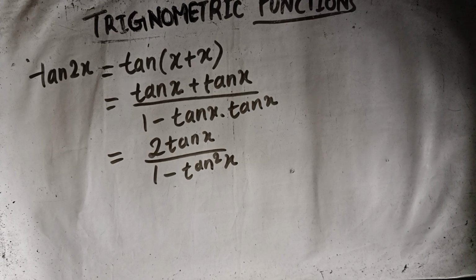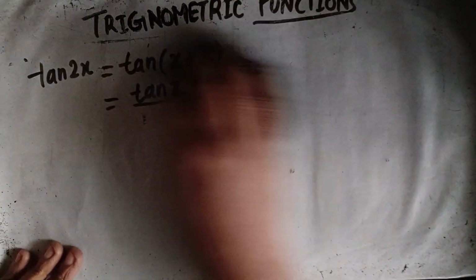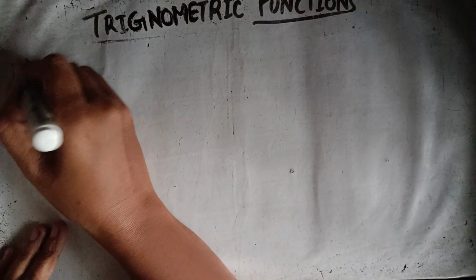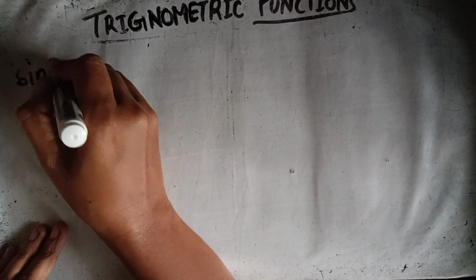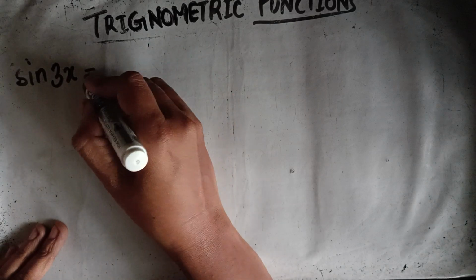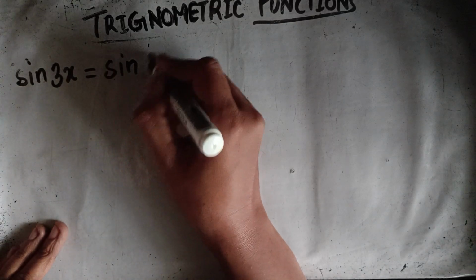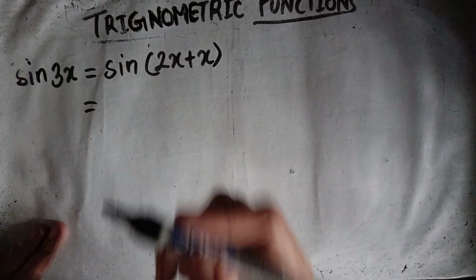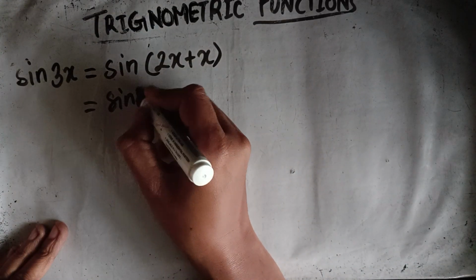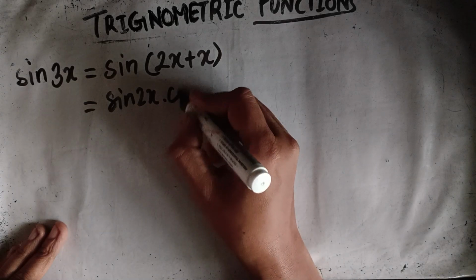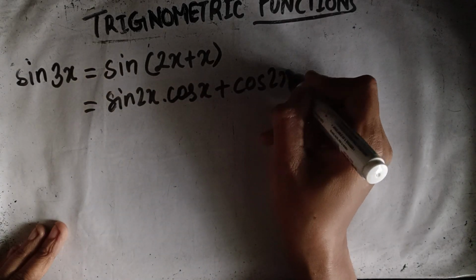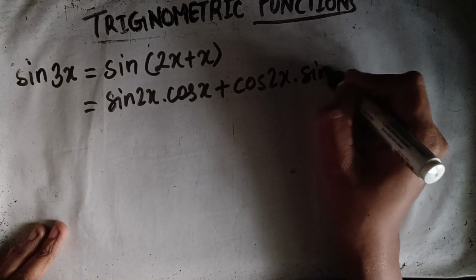Next one is sin 3x. Sin 3x, you can write it as sin of 2x plus x. So using sin(a plus b), sin 2x into cos x plus cos 2x into sin x.